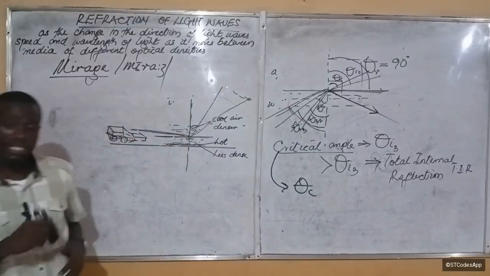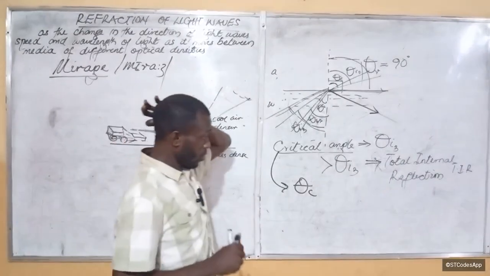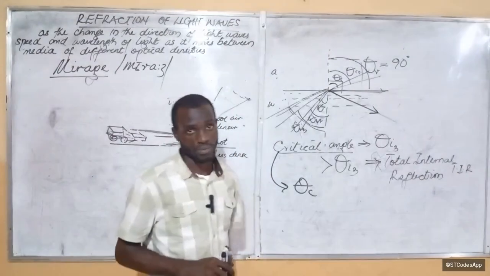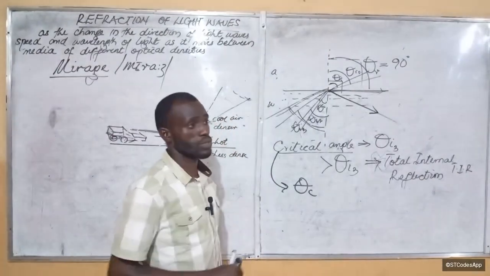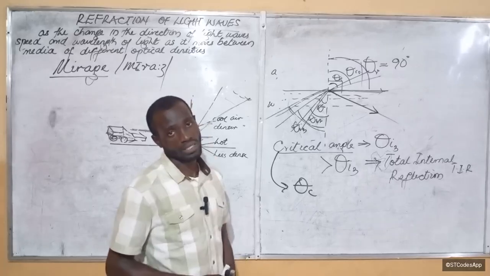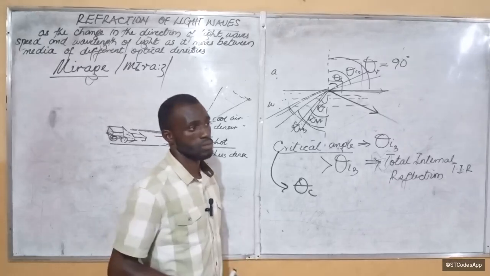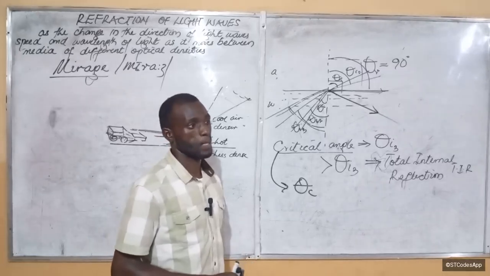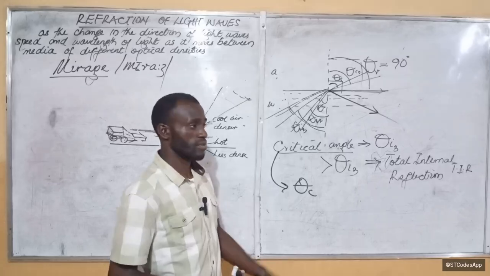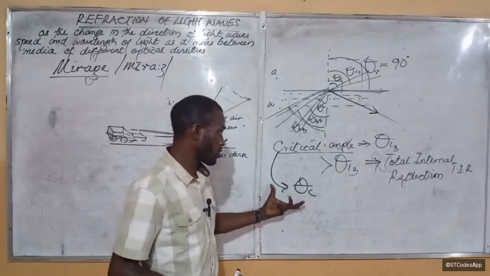All right. Now, what are the uses of total internal reflection? One of the uses is the periscope also. The periscope is what people on the sea use for navigation.